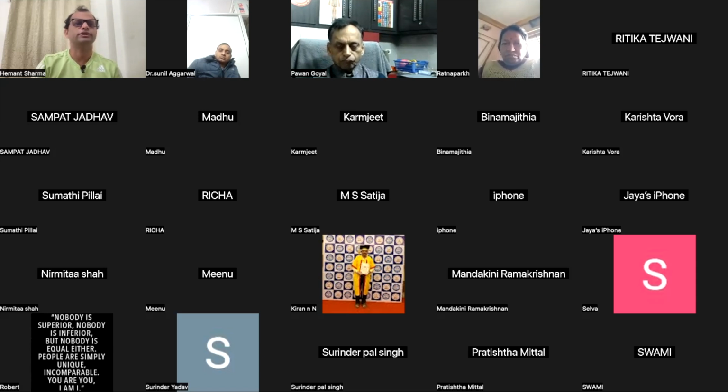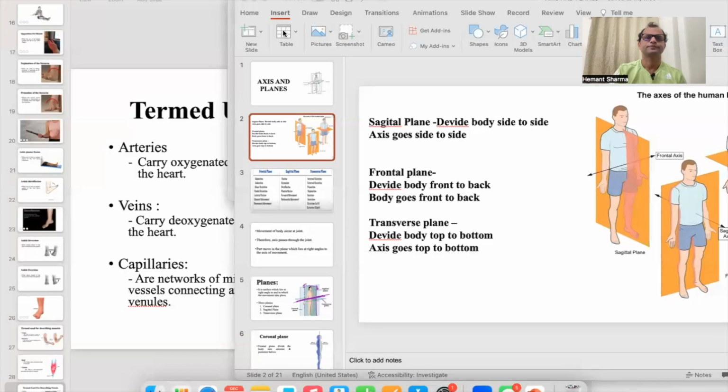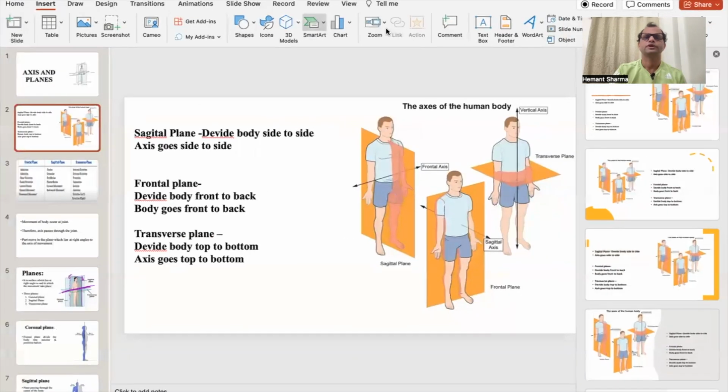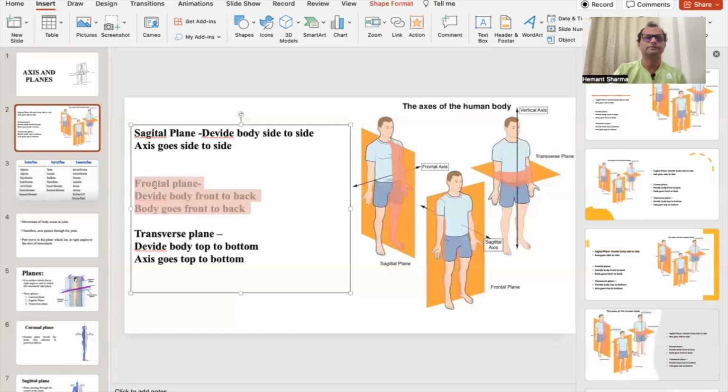So I will show you here. Let's see this. Same thing I'm showing you here. Can you see this? The frontal plane divides the body front to back. Is it clear? Front to back. Okay.